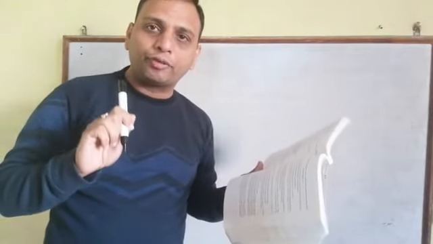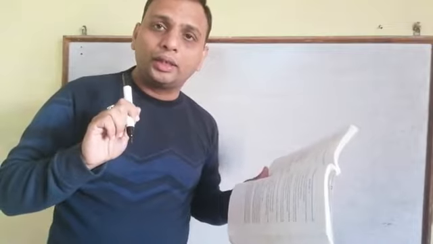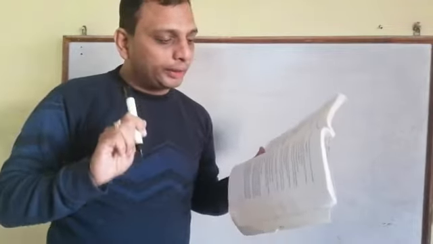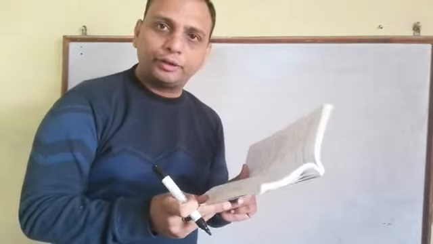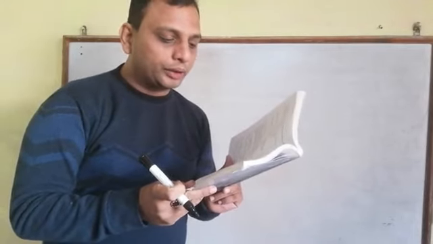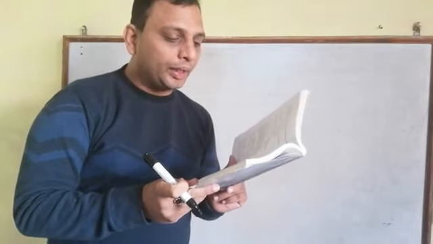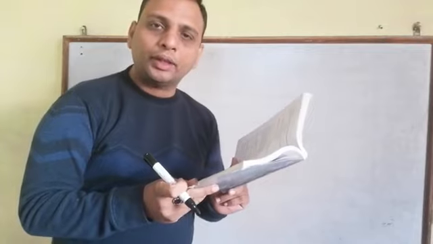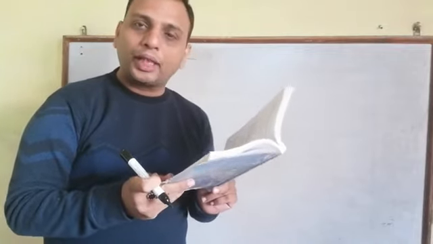That means we have to find the area of only the lateral surface area, and for that, what they have given is: the perimeter is 250 meters, the total cost is 15,000, and the cost of 1 meter square is 10 rupees. So we have to find the height of the hall.